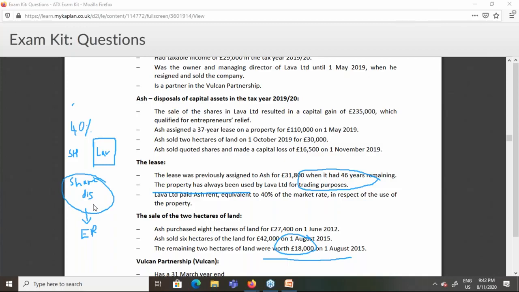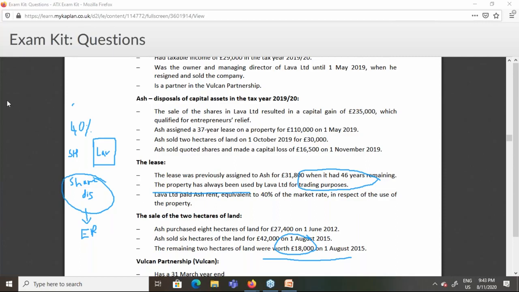If the transaction falls within the category of associated disposal, and you have been able to claim the entrepreneur's relief on the main disposal, which is the share disposal here, you can extend your entrepreneur's relief to the associated disposal as well.